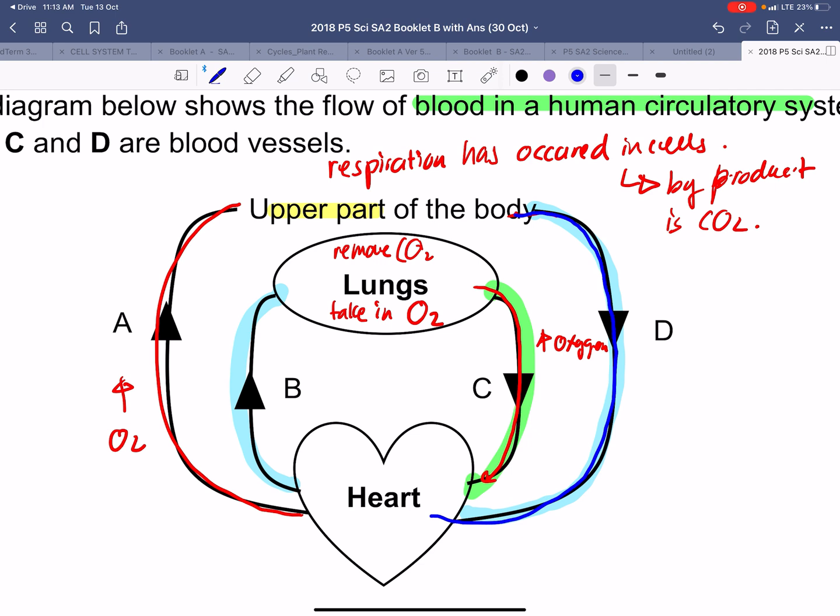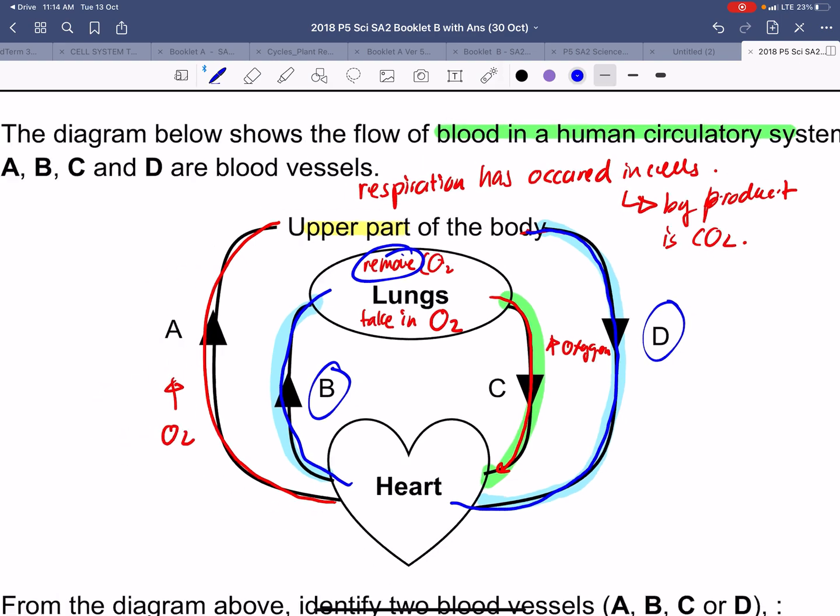From your heart, it will go to the lungs, whereby it's being removed. You see how it's linked? So because your heart pumps deoxygenated blood, which is rich in carbon dioxide, to your lungs to be removed, that's why B is also rich in carbon dioxide. So answer is B and D.